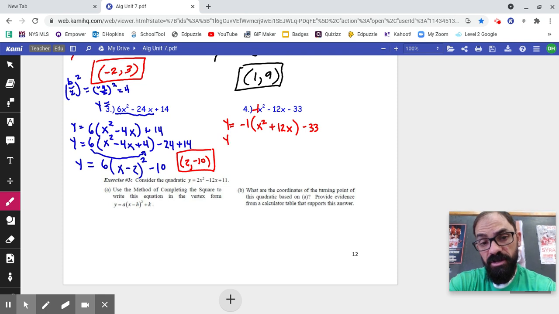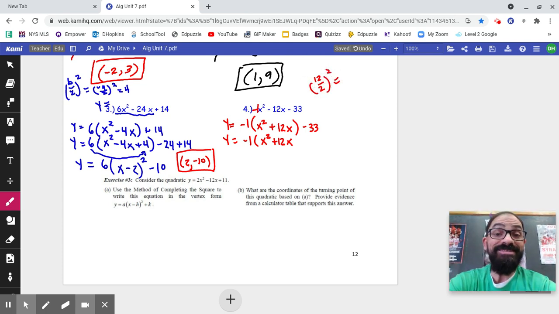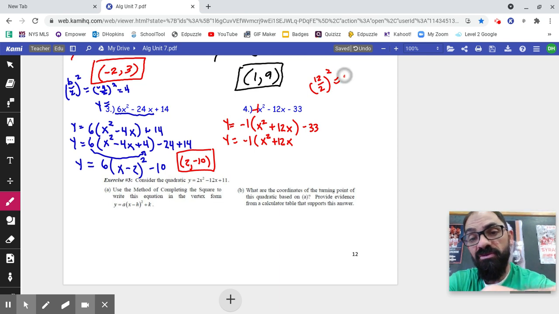And let's go ahead and apply b halves squared. So my b is 12. 12 divided by 2 is 6. 6 squared is 36. So I want to add 36.